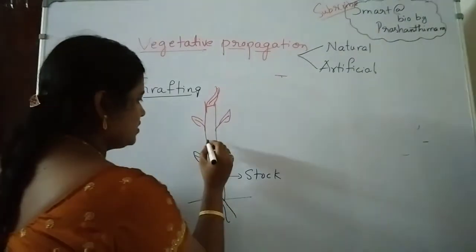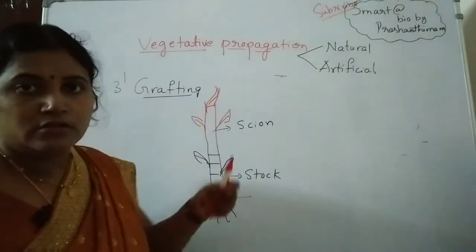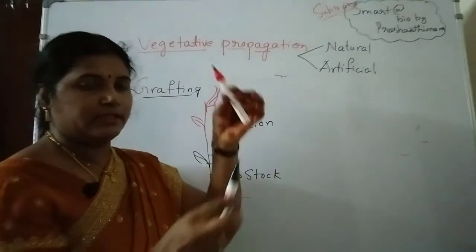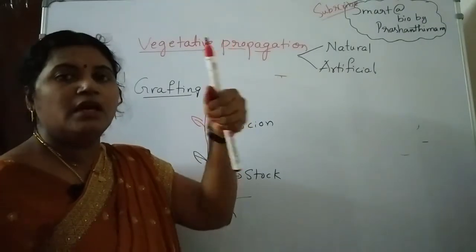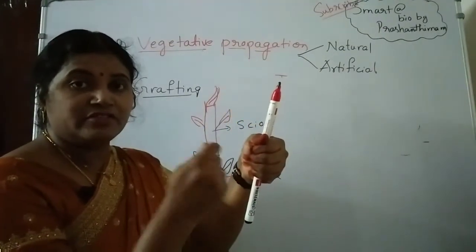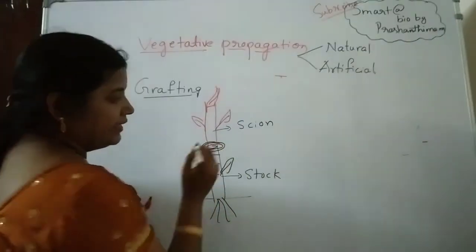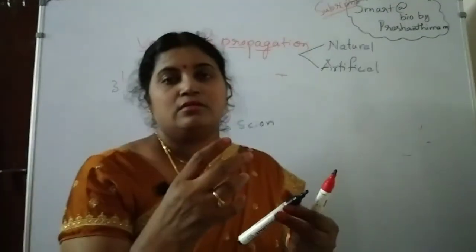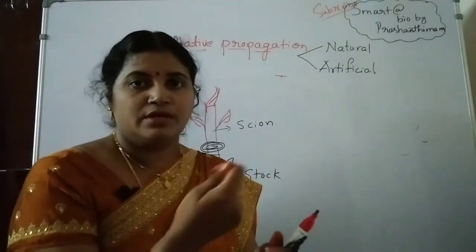This portion is known as scion. These two plants are going to be tightly packed with a thread, a strong nylon thread, and above the thread we are covering with a polythene cover. So we are going to surround it with the polythene cover.